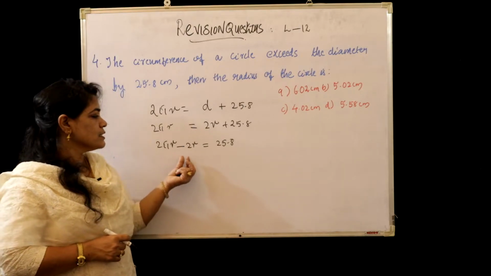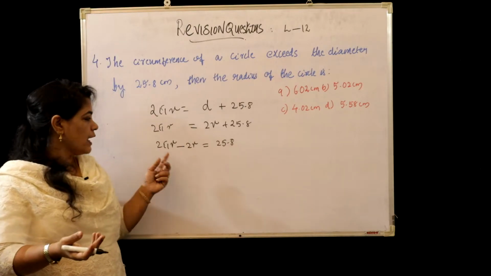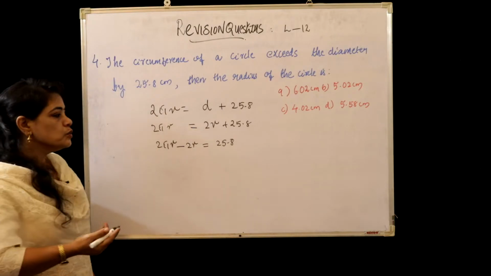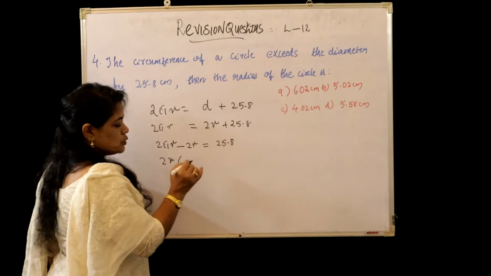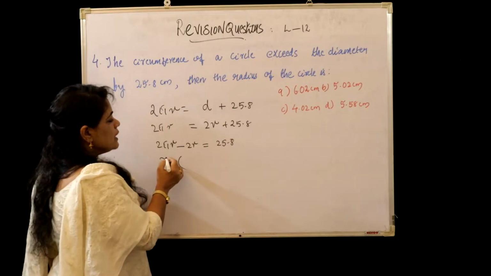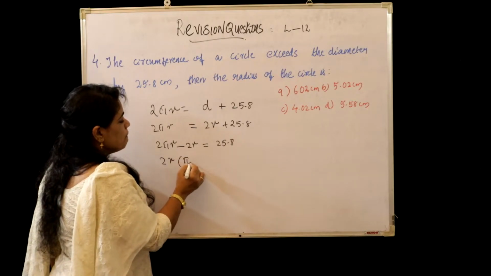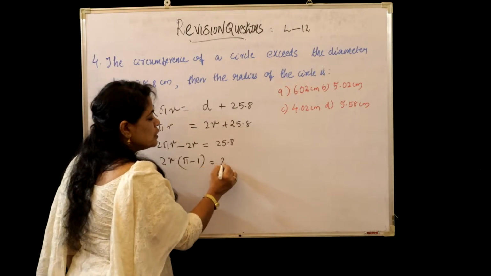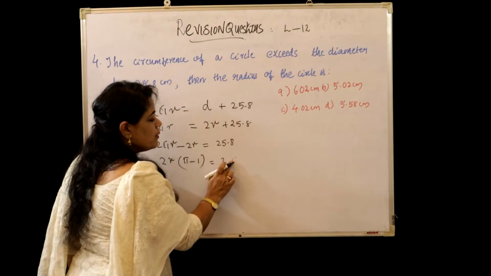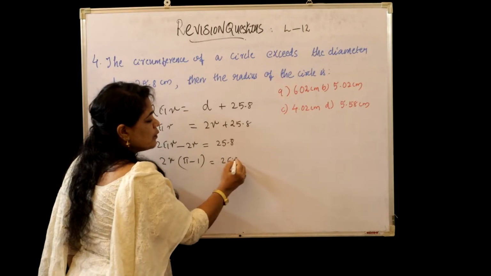What can be the next step, children? In the LHS, in both the terms r is common and also 2 is common. So 2r can be taken outside. Here comes 2r into (pi minus 1) equal to 25.8.